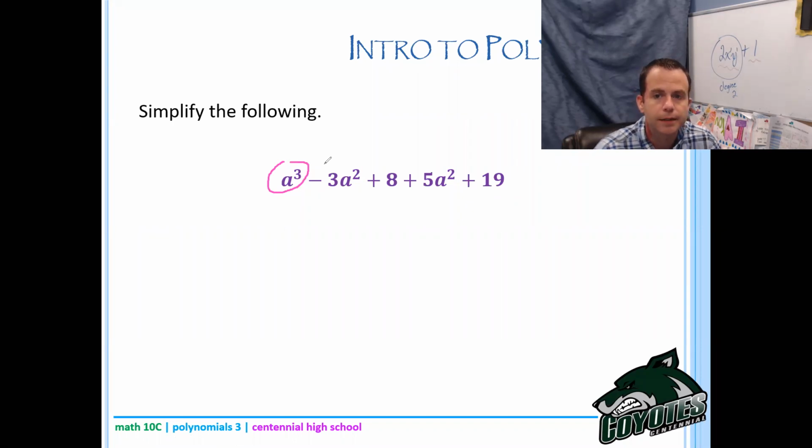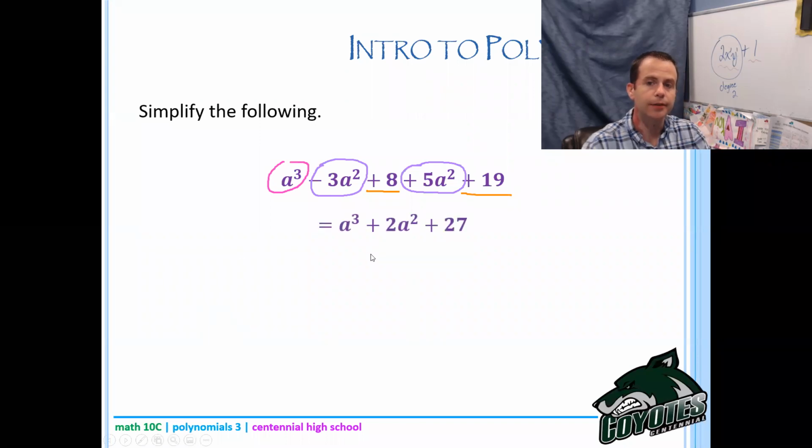Then I've got a negative 3a squared. Notice I'm taking into account what's in front of the number, and a positive 5a squared. So when I put those together, that would give me 2a squared. And then I have a positive 8 and a positive 19. Okay, so when I put all that together, I have a cubed plus 2a squared plus 27.